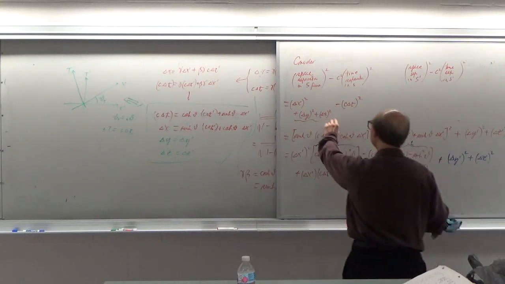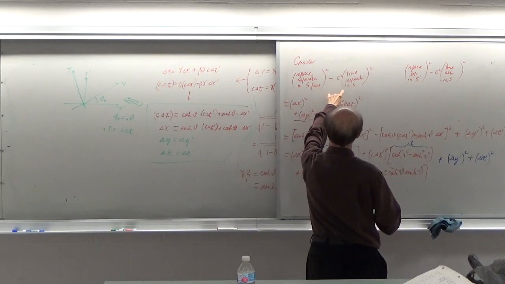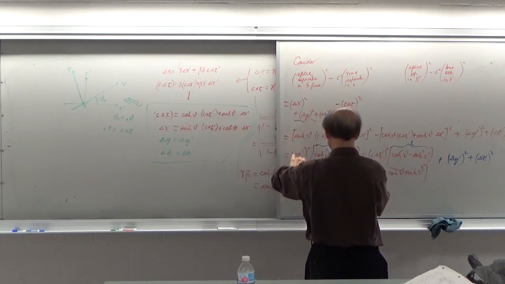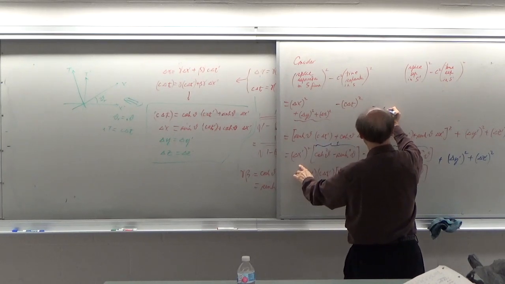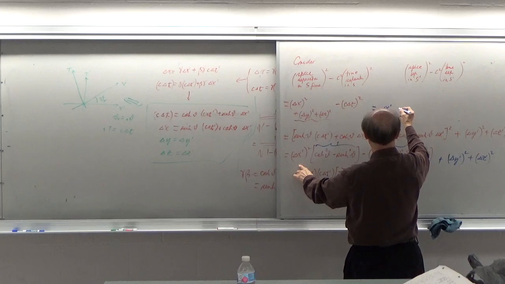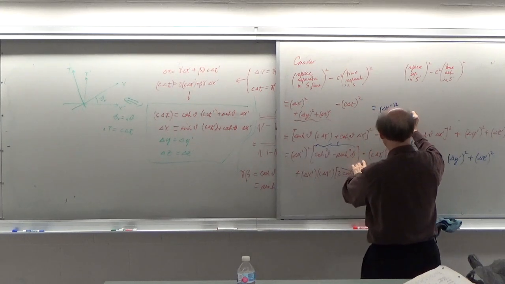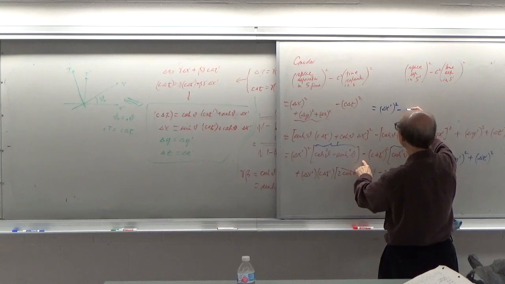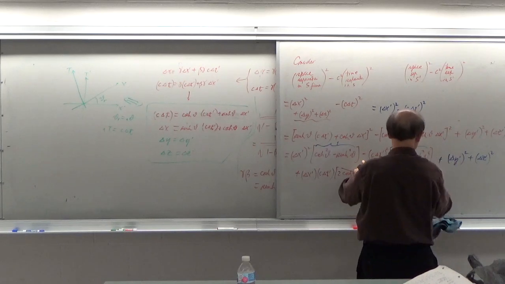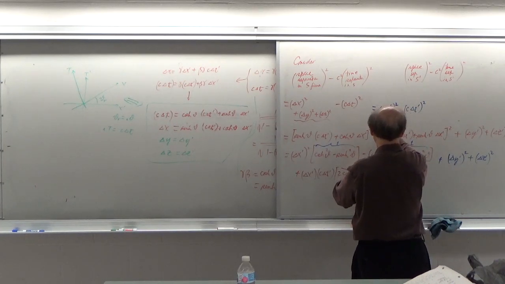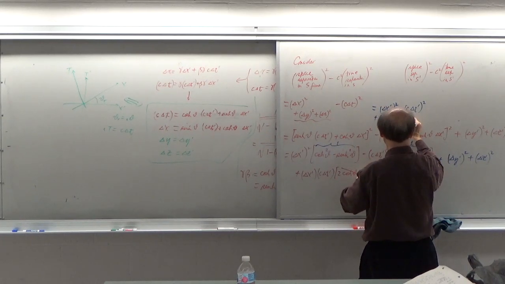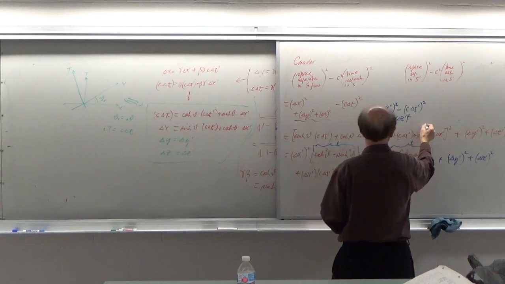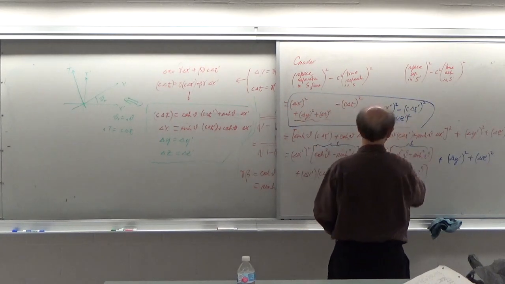So that shows this is equal to delta x prime squared minus c delta t prime squared plus delta y prime squared plus delta z prime squared.